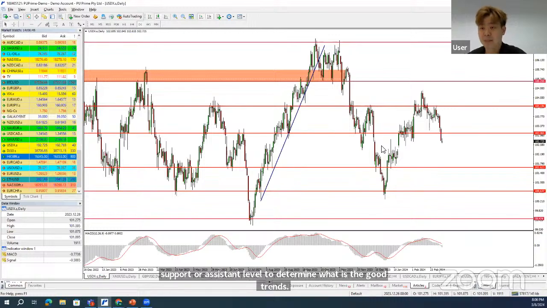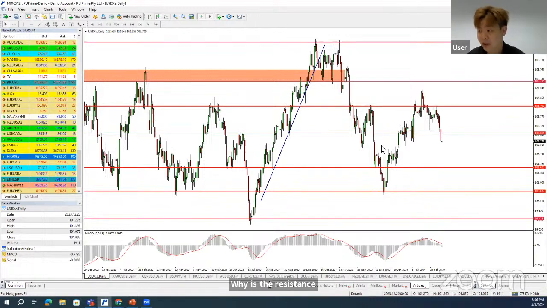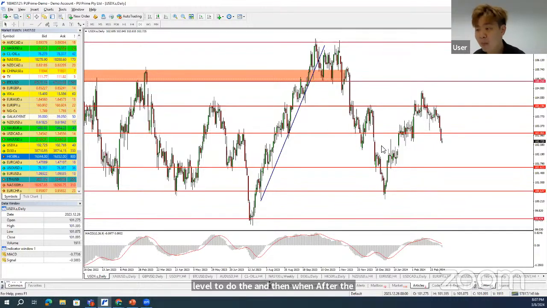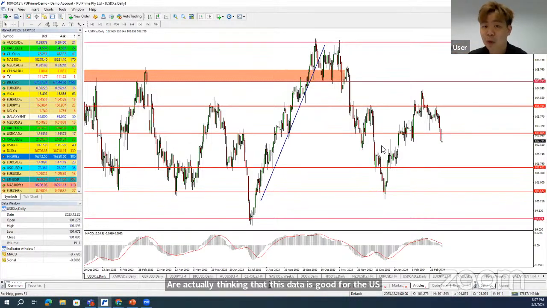Why are the resistance and support levels very important? It's because global traders are actually using the resistance level and support level to do their trades. When the data is mixed, if the dollar market breaks above the resistance level, it means that more investors are thinking that this data is good for the US economy. Even if the reading is mixed, we need to see the global perspective. How can we see the global perspective?